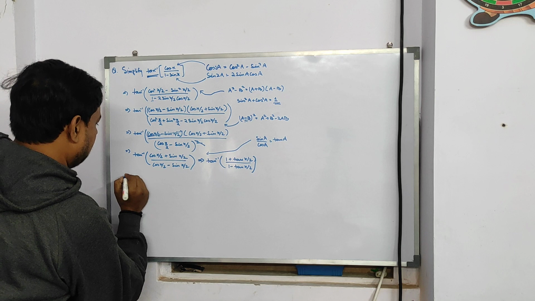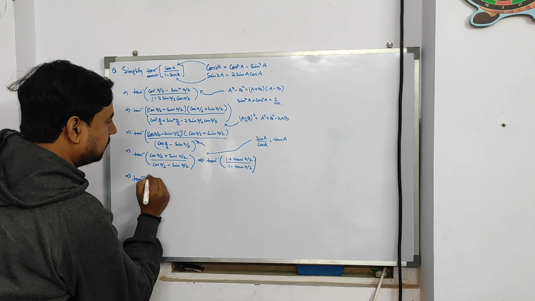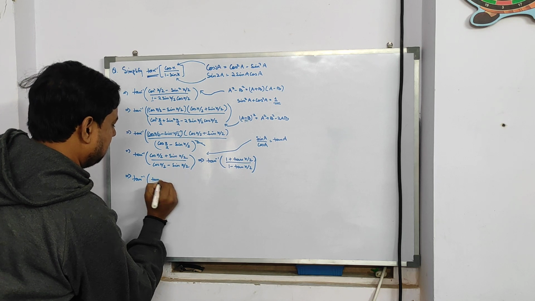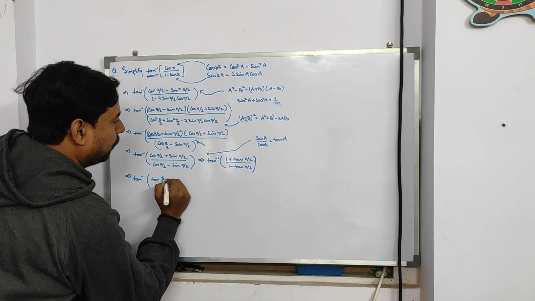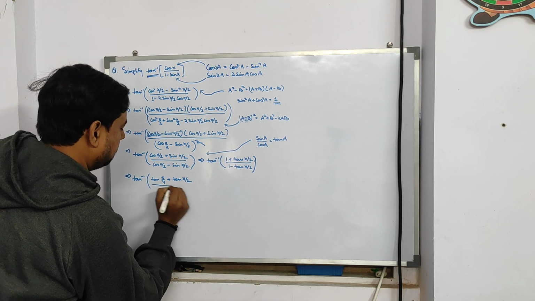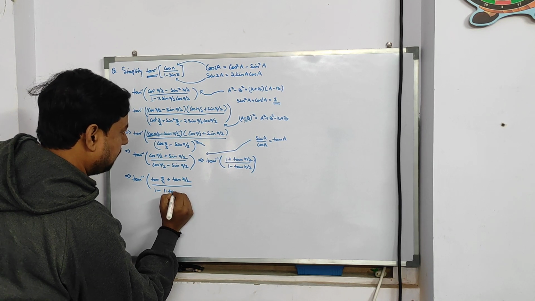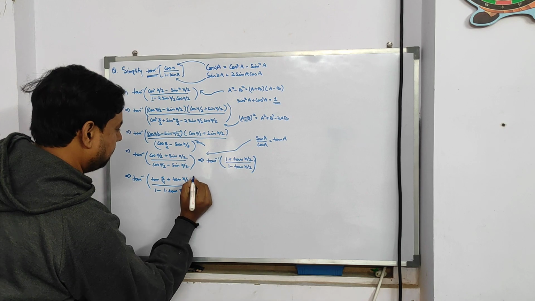Okay, now we can write it as tan inverse of tan pi by 4 plus tan x by 2 upon 1 minus 1 into tan x by 2.